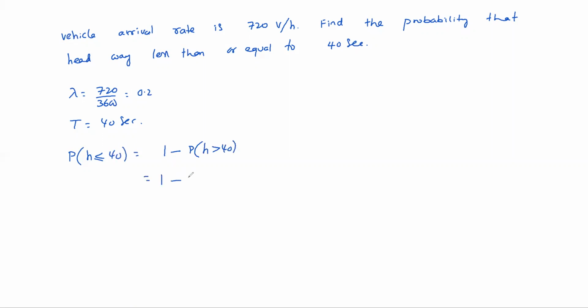That equals 1 minus e power minus lambda t, that is 1 minus e power minus 0.2 into 40 seconds, that equals 1 minus e power minus 8. How much?